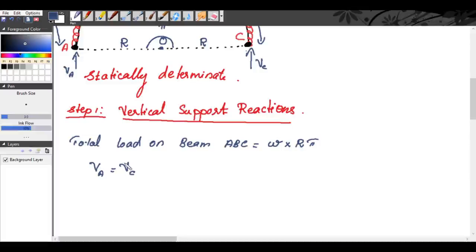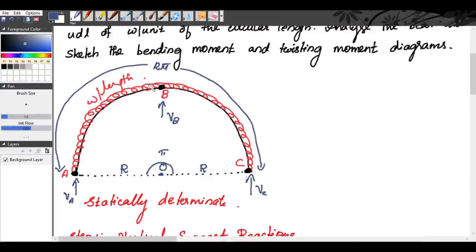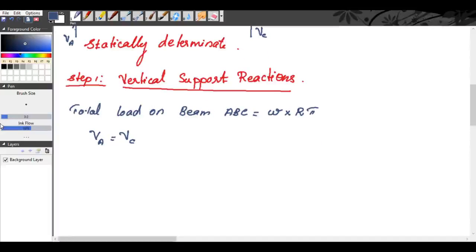Now we will take the moments of all the forces about the point B. So you consider point B. Summation of all the moments about B is equal to 0. You can take either the left of B or the right of B. We will take the left.